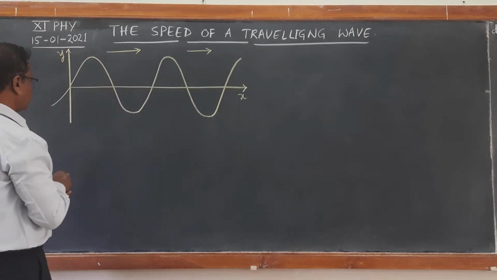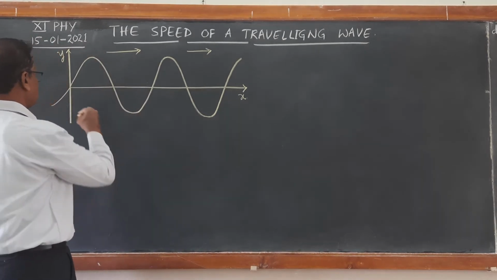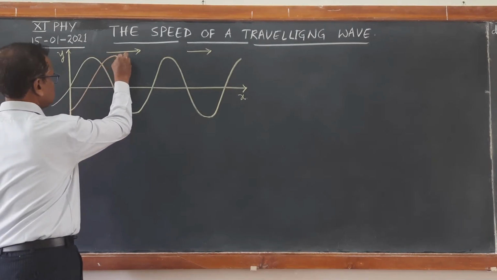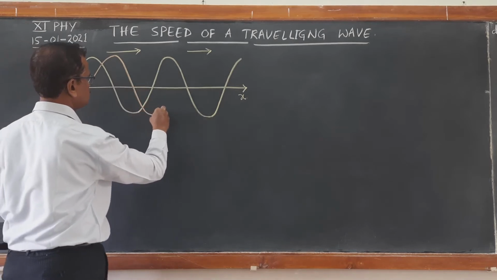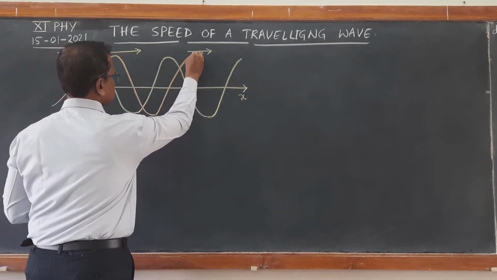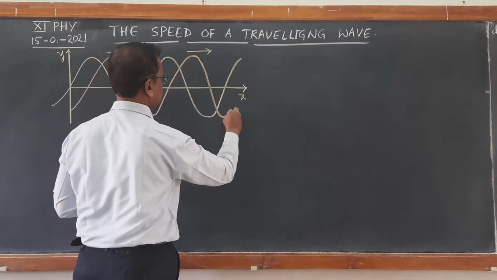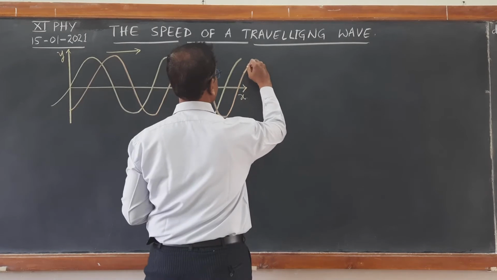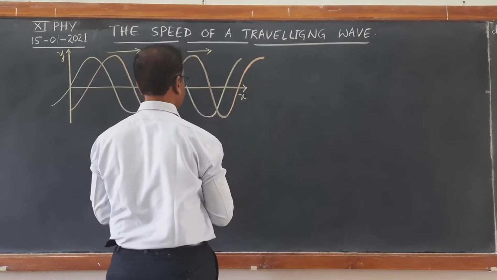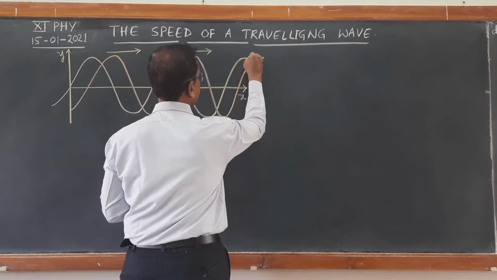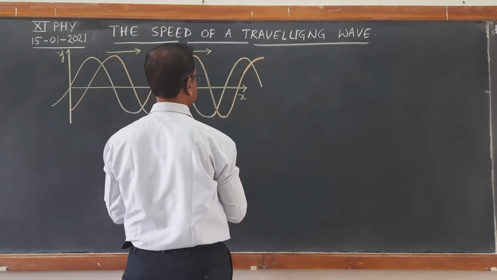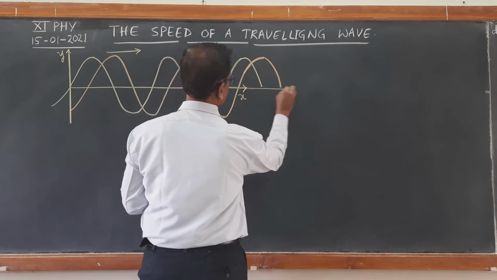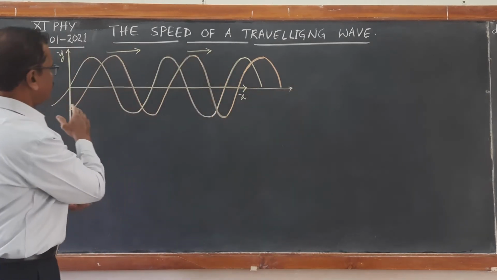So if you draw after time delta t, the same wave appears to have traveled this much distance. So this is how the wave is progressing from time to time.